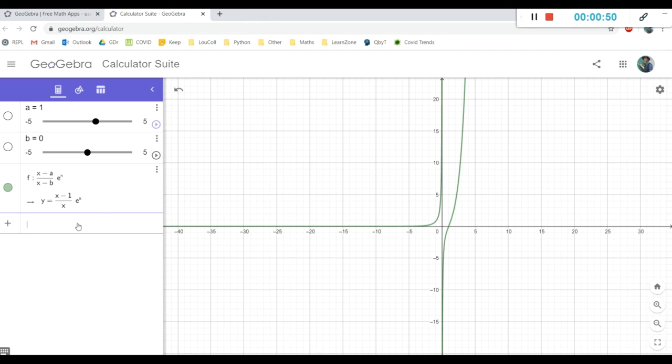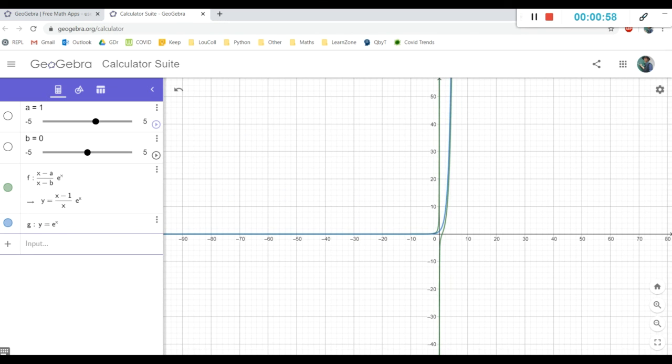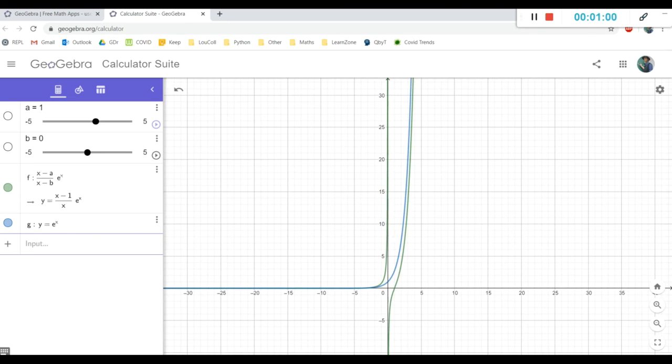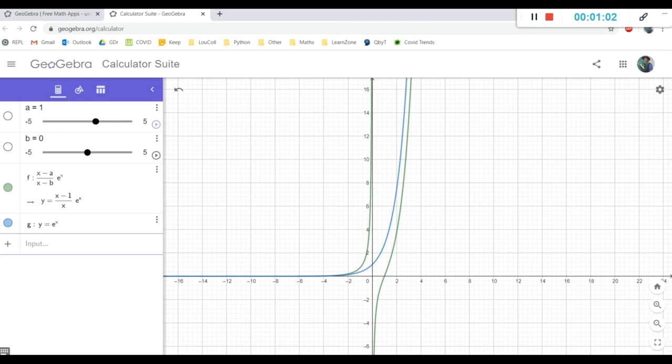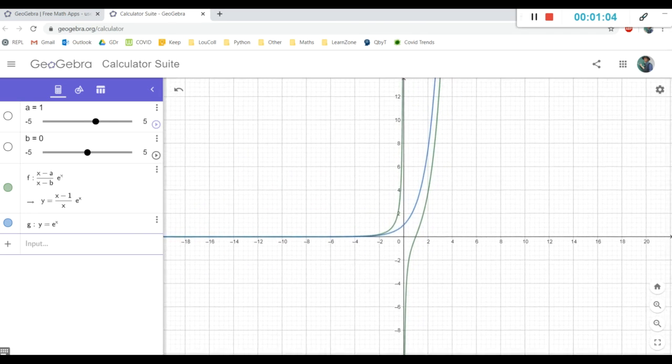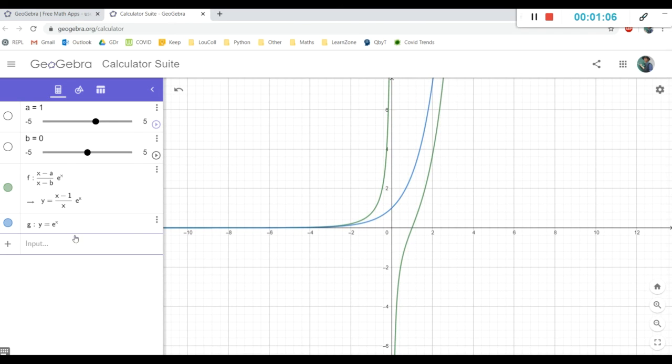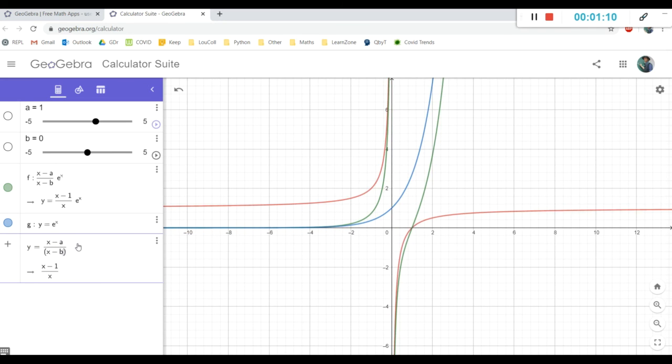In fact, you can even plot y equals e to the x on the same set of axes and observe how the long-term behavior of our graph is basically the same as the long-term behavior of e to the x. We can also look at the other function that's messing things around, the (x minus a) over (x minus b) function, and see how both of those are coming into play here.